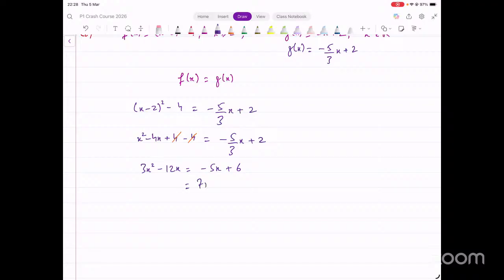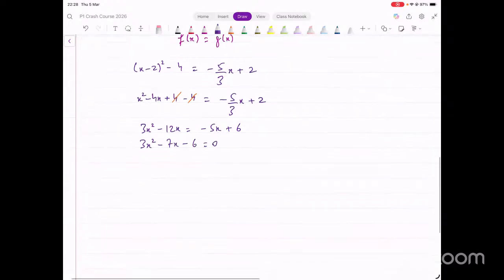Now if I take all terms to one side, that'll become 3x squared minus 7x minus 6 equal to 0. Can we factorize this? 3 times 6 is 18. We can use 9 and 2, right? 3x squared minus 9x plus 2x minus 6 equals 0. We get two factors from this, 3x plus 2 and x minus 3.